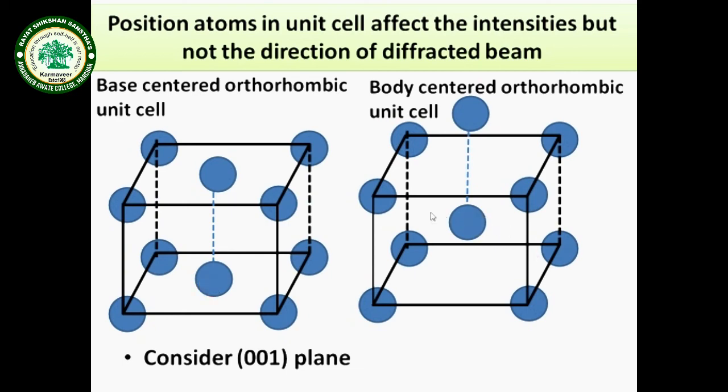As a result, the new diagram seen over here represents a body-centered orthorhombic unit cell. So even if we have translated a pair of atoms a little bit, still the reflection or the diffraction pattern will be modified to a large extent.